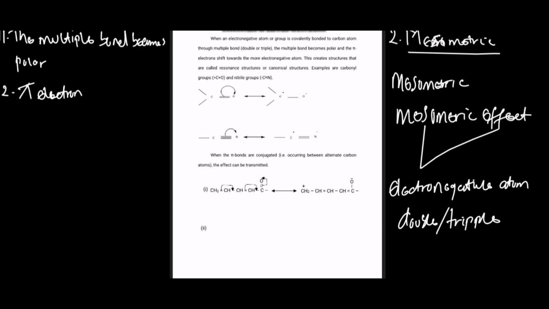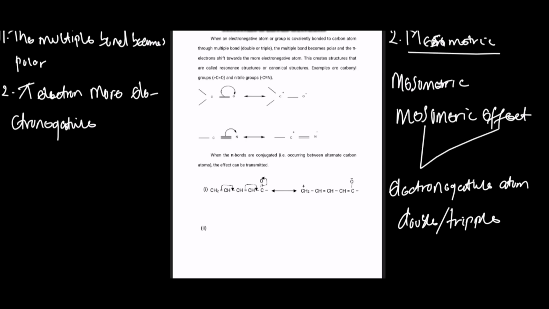Altogether, the pi electrons are pulled towards the more electronegative atom. This is what happens after carbon is bonded to a more electronegative atom. That is the mesomeric effect.